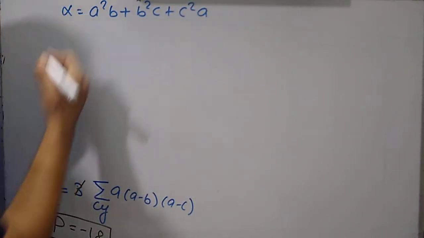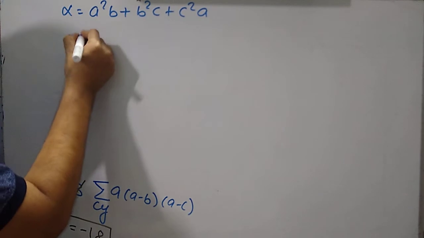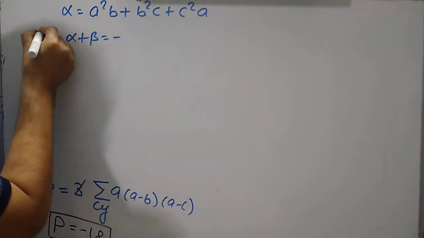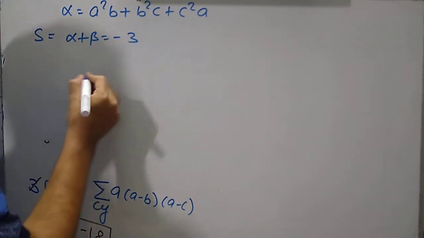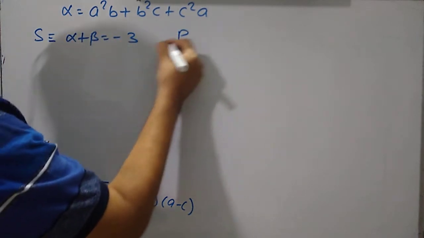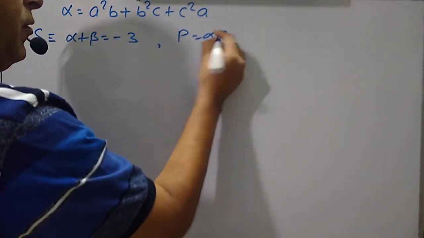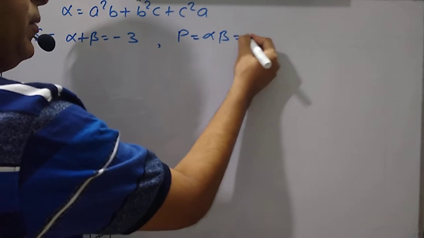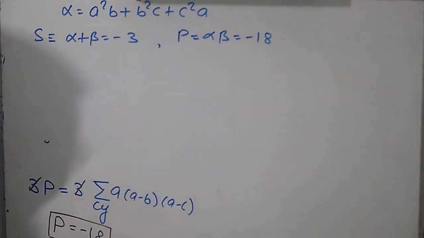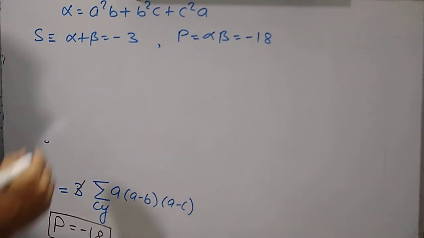Let us say that this is alpha. So we have alpha plus beta, and alpha plus beta is S. S is given as minus 3. And what is the value of P? P is alpha beta, and alpha beta is given as minus 18. So now we know the value of S and we also know the value of P.